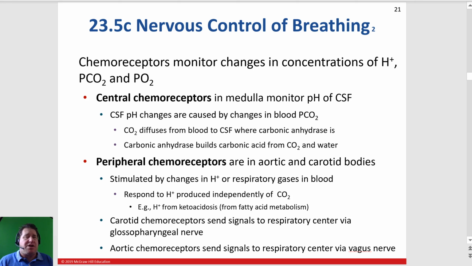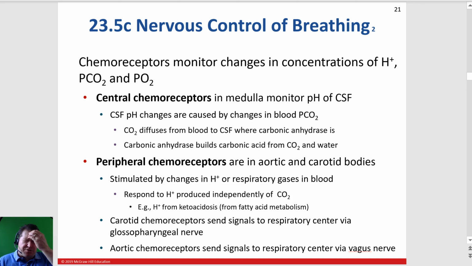How does it know how to change? It uses receptors throughout the respiratory and circulatory system. So central chemoreceptors, central because we're talking about in the central nervous system, monitor the cerebrospinal fluid pH. So the pH changes with carbon dioxide levels.